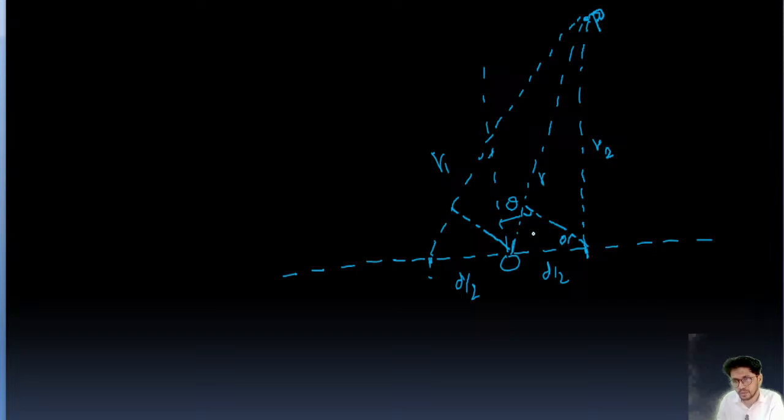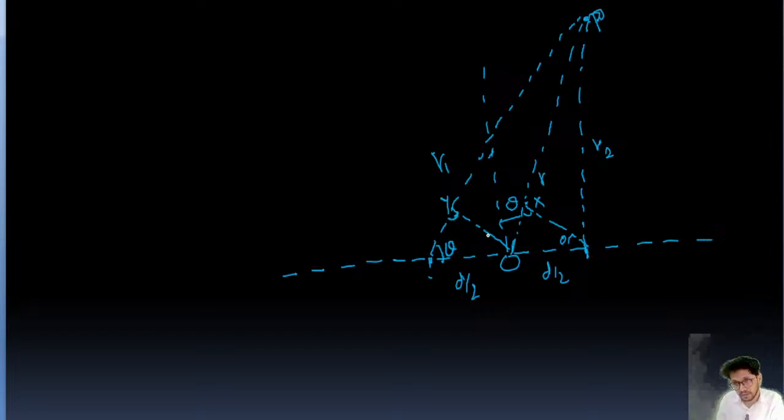Suppose this is x and this is y. Okay, Ox is going to be d sine theta, right? Similarly here, by symmetry, this angle is also going to be theta, and this distance is going to be again d sine theta. This is a 90 degree angle, right?